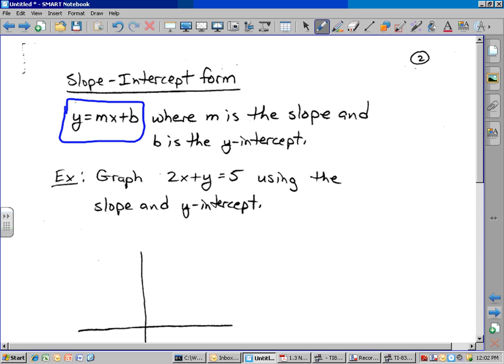Although x and y intercepts, which we did first, works out very nicely as well, especially when you have decimals and fractions. Decimals are not that easy to plot, if you're worried about how far up and how far left to go, or right.